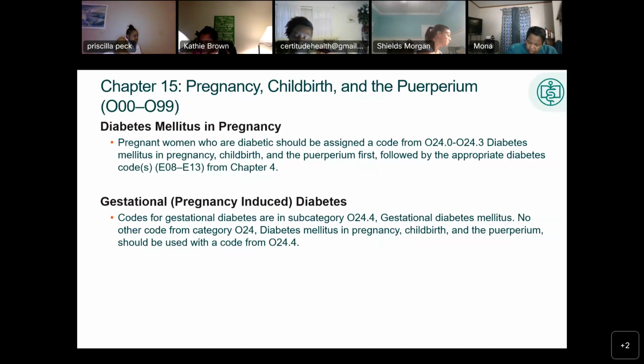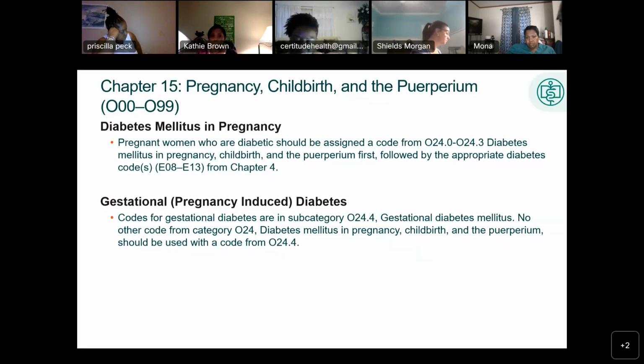Now, going on to the next guideline, guideline H, if the patient is taking insulin or any type of oral hypoglycemics like metformin, then you would reference the C section and it's giving you the guideline to go to. That is because that guideline tells you what Z code to use for which medication, whether it's insulin or metformin.